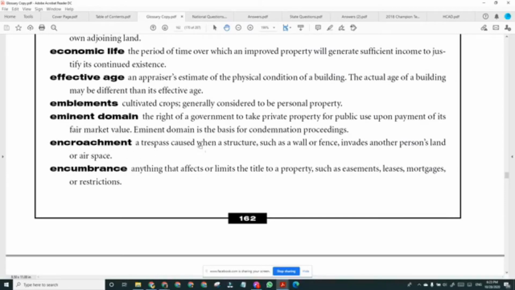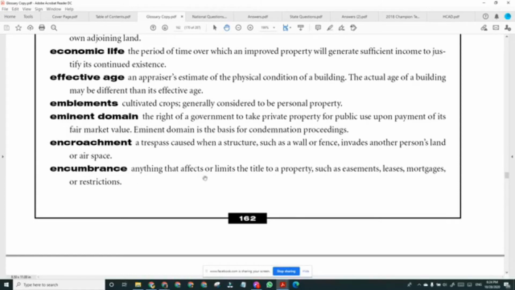A trespass caused when a structure, such as a wall or fence, invades another person's land or airspace. These roaches, they invade our property, right? Through walls and fences and other areas. And some of them are huge and they fly here in Texas. I mean, they all fly, however, some are huge.